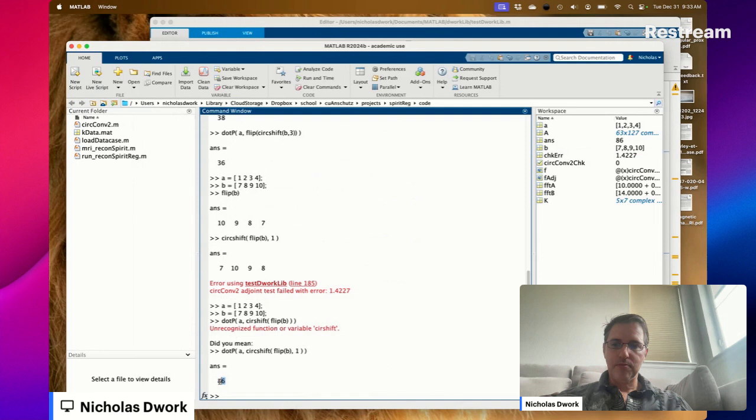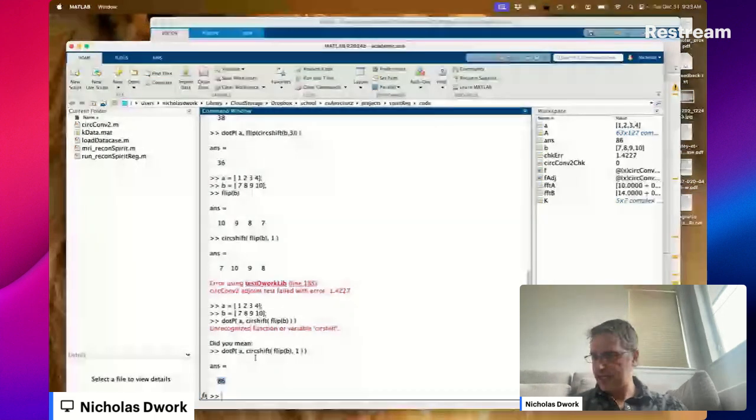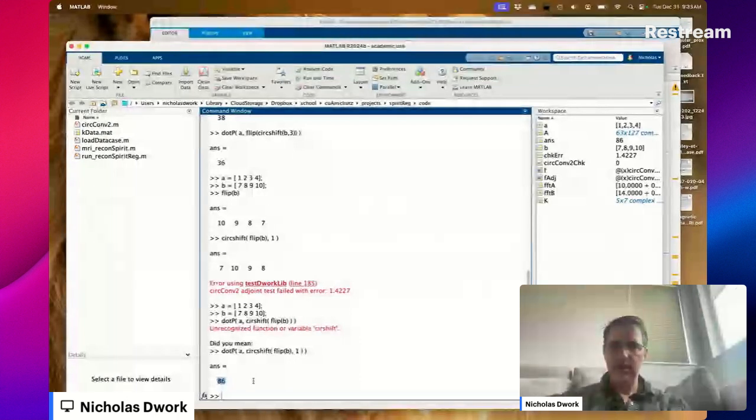Okay, so I think the center element, the element at the origin, should be 86. Oh, I didn't put the C. That was the issue. Okay.